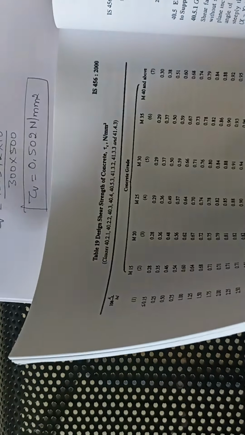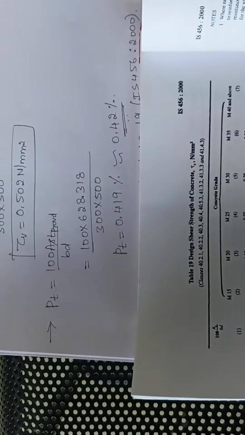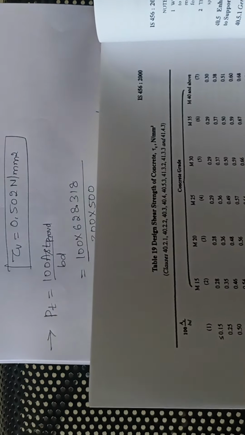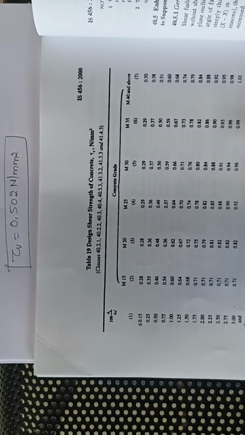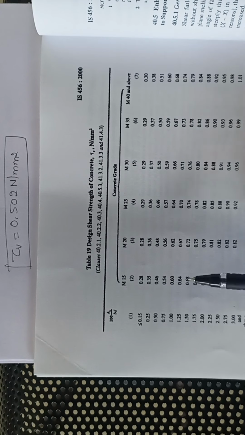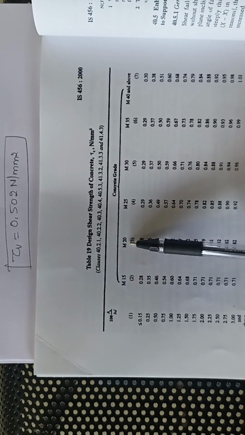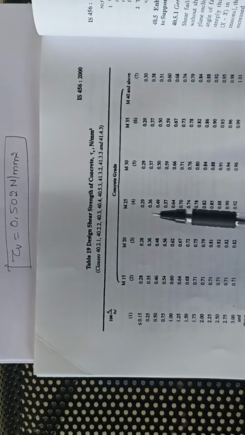Here we got the percentage steel value as 0.42. Now for 0.42, and the grade of the concrete that is given in the question is 20 Newton per mm square, we have to search whether we are getting the percentage value of 0.42 within the column for which we have to adopt the value from the grade of 20 Newton per mm square. Let us search it.